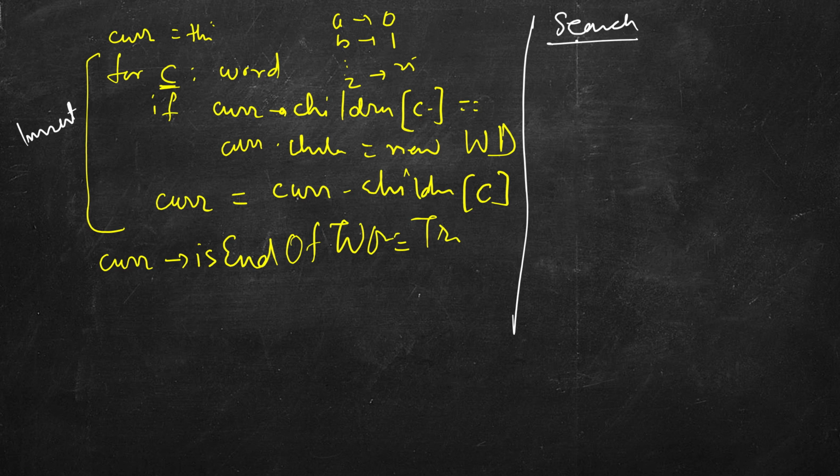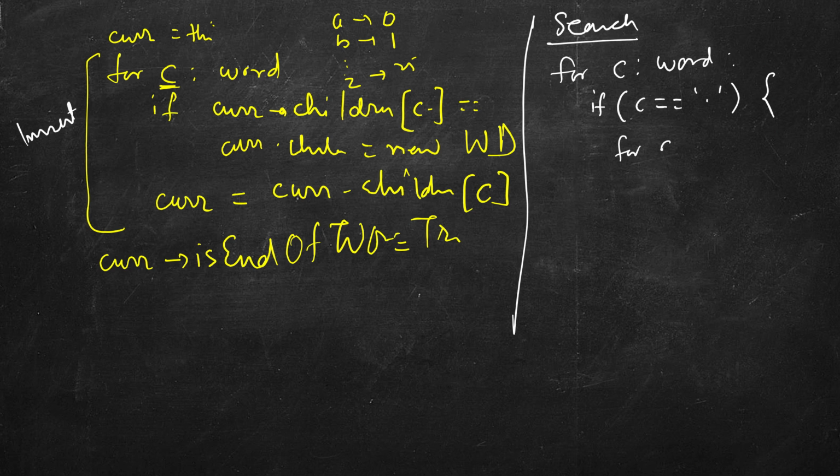So again same thing, we will search for all the characters C in word, but we will add one additional condition. If C equal to this dot, then we will look for all the children.